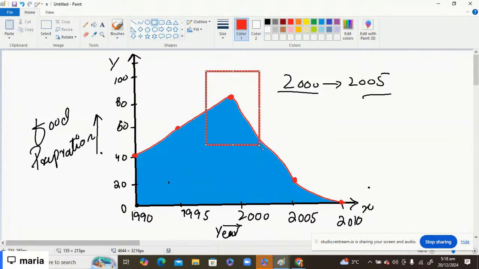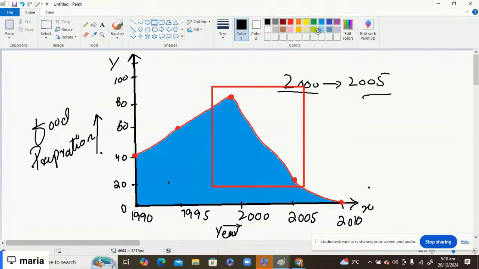We are interested in these 2 points only. When we see these 2 points, look here, it's from the top point.